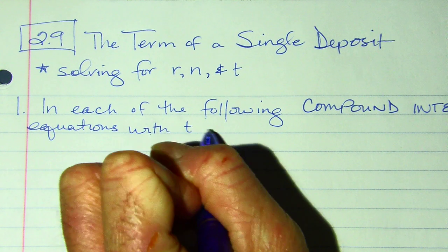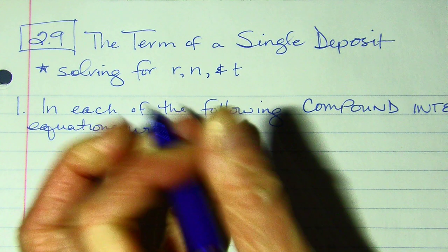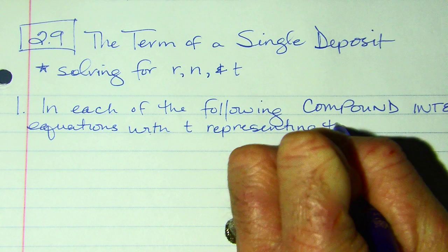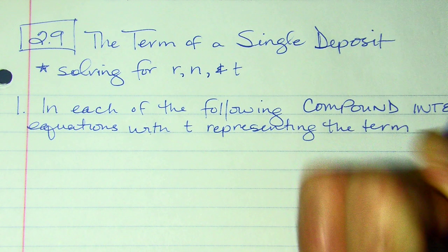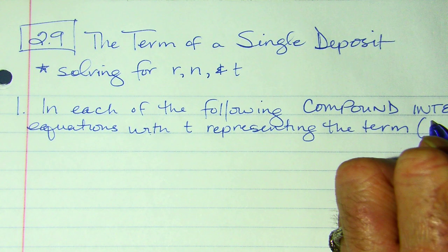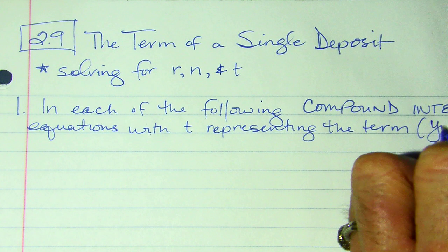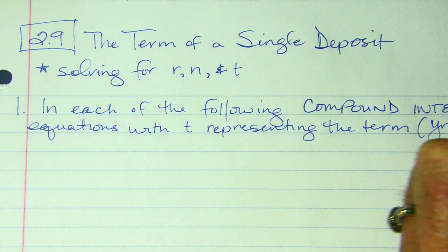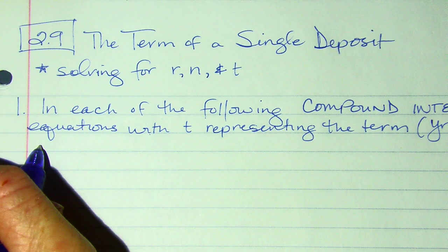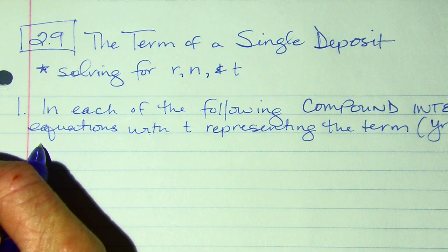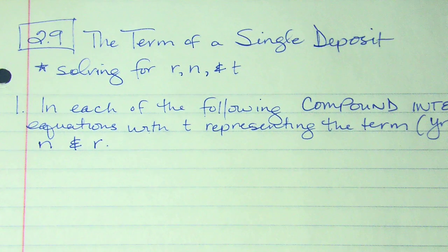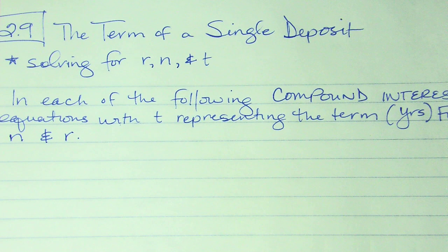With t representing the term. Term is another word for years or time. Find n and r. Now, in your homework, let me zoom out.